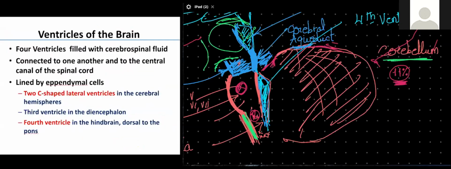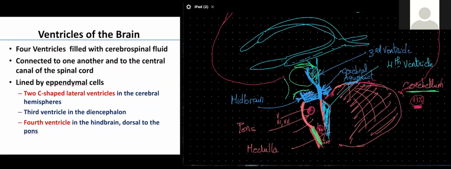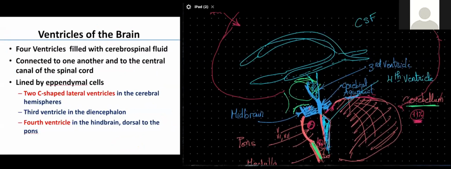All right, so moving on to the brain ventricles. Again, how many ventricles do we have? We've got 4 ventricles. Remember, 2 are located in my cerebrum. Those are my lateral ventricles.